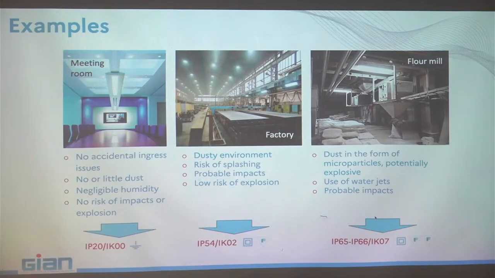Here you are in a severe environment. You need, as you see, IP at least 65, better 66, IK7, protected against water, and 2F for the fire, because you are really in an explosive environment. If you take a petrol station, this 2F is necessary.